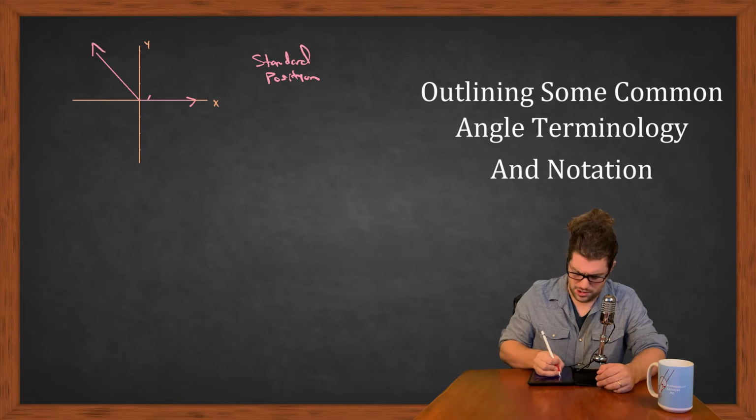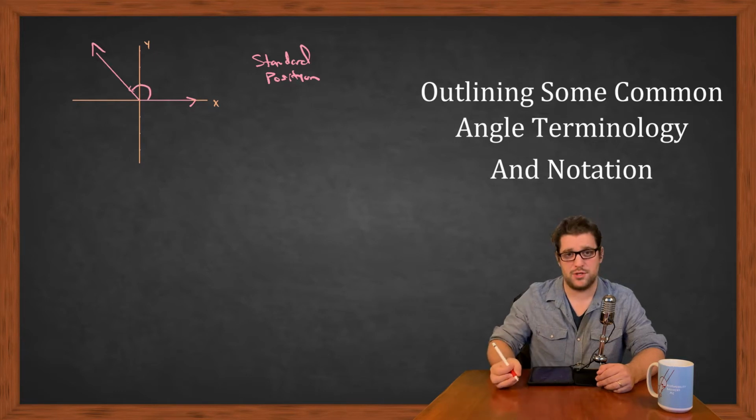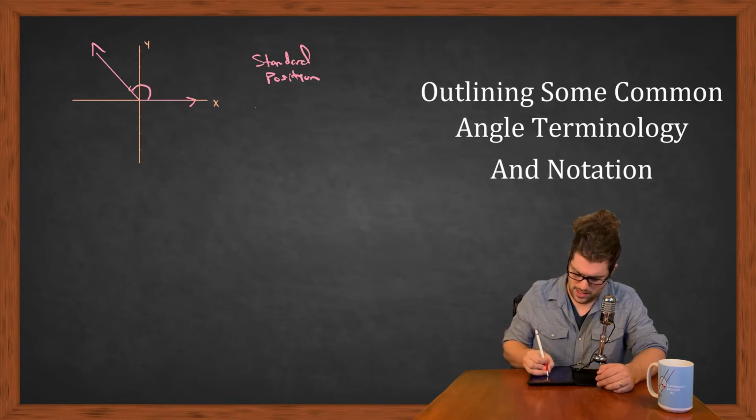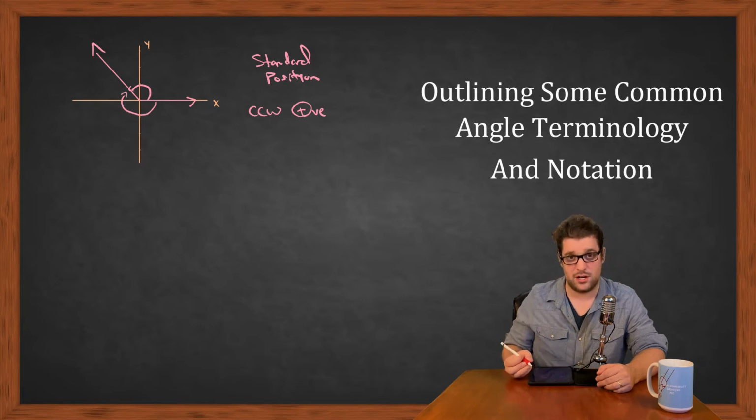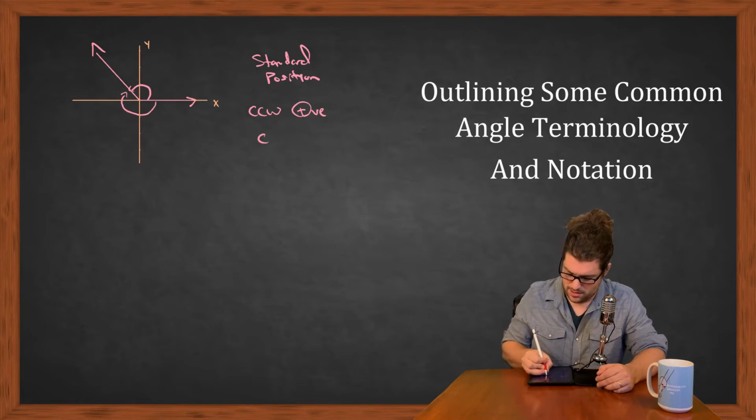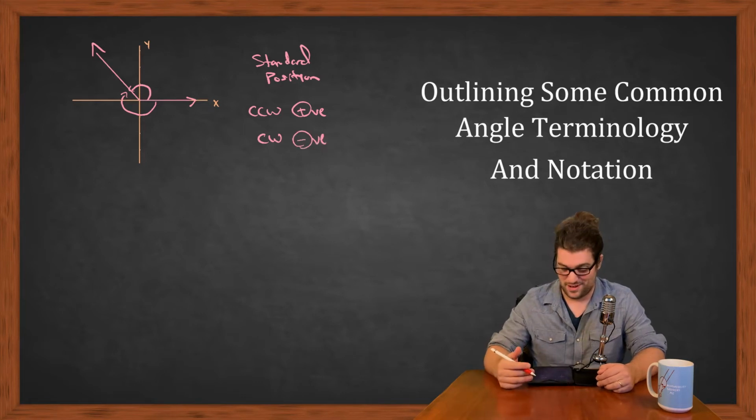If the rotation is in this direction, which is counterclockwise, rotations are positive. If we were to go the other way, wrapping around in this direction, that's a clockwise rotation, and clockwise rotations are going to be considered negative. My apologies, I was thrown off by the fact that I was writing a positive there in the first place.